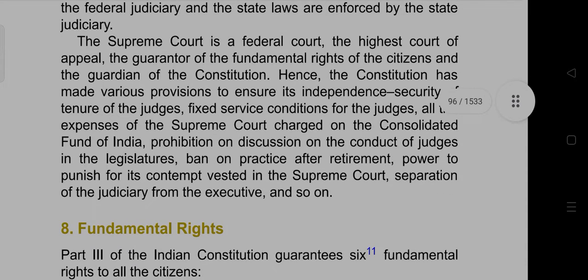The Supreme Court is a federal court, the highest court of appeal, the guarantor of fundamental rights of the citizens and the guardian of the Constitution.